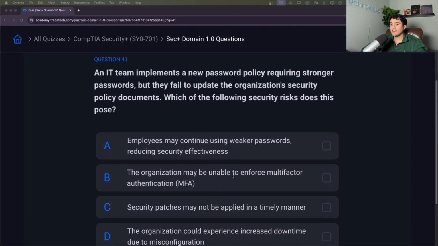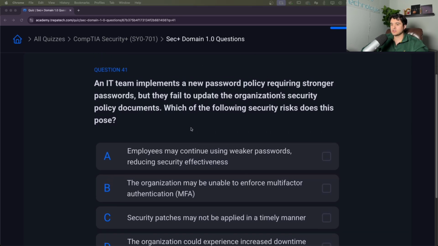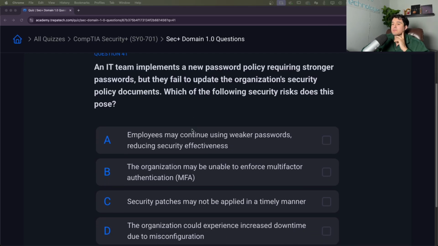Question 41. An IT team implements a new password policy requiring stronger passwords, but they fail to update the organization's security policy documents. Which of the following security risks does this pose? So they implement a policy, but they don't update the documentation.